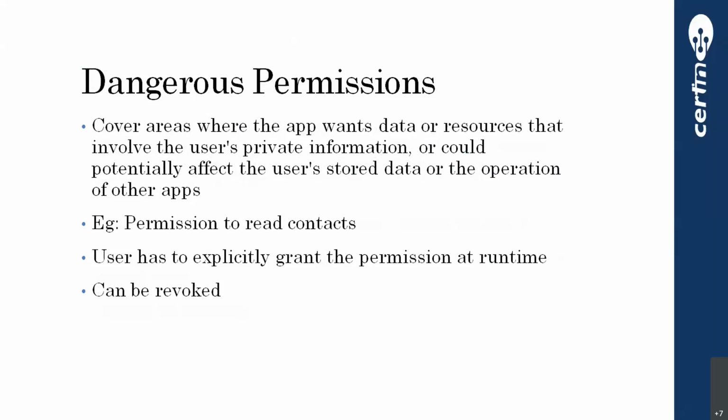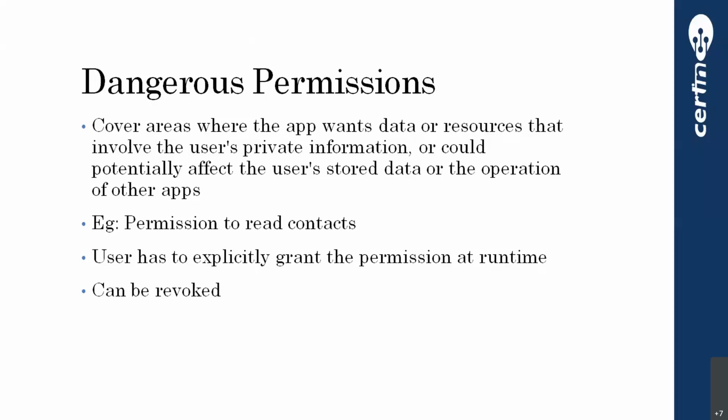So if you are trying to run a particular application and it wants to access your contacts, then you will get this particular permission prompt that the application wants to access your contacts, and then you need to enable this permission. Only then the application will be able to access that particular feature. So similarly, access to your camera, access to the microphone, access to the GPS location, access to your call logs, access to your SMS messages, all these permissions are classified as dangerous permissions.